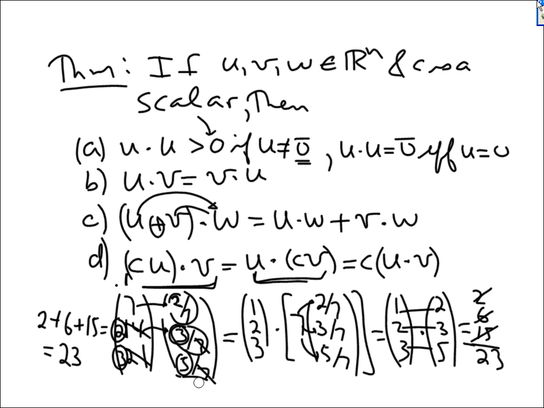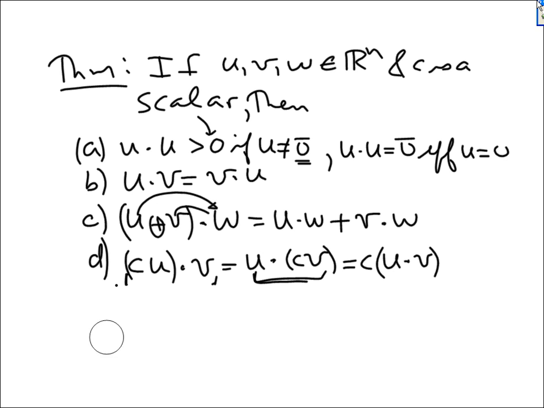Okay, now, when would you like to go from the first expression in letter D to the last one? When would you like to factor out the constant? And I suspect the answer is when the constant is not very nice. Like, if you have 2 over 7 times the vector U, 3, 4, 5.